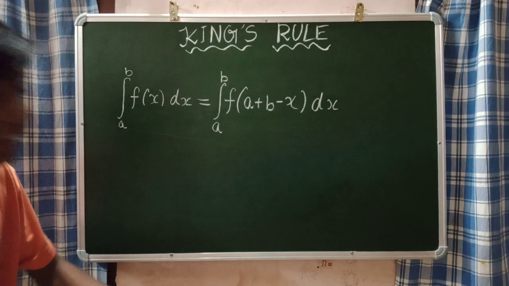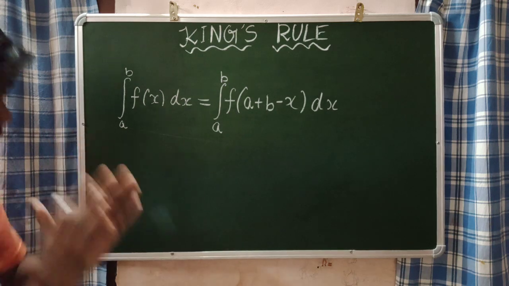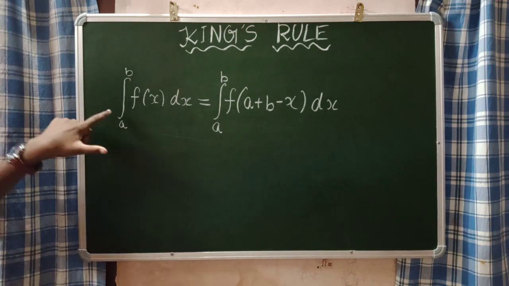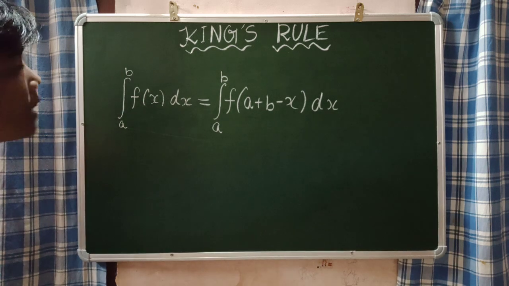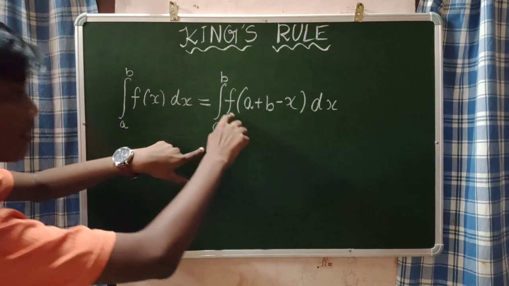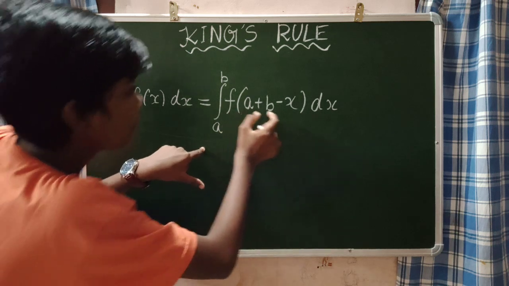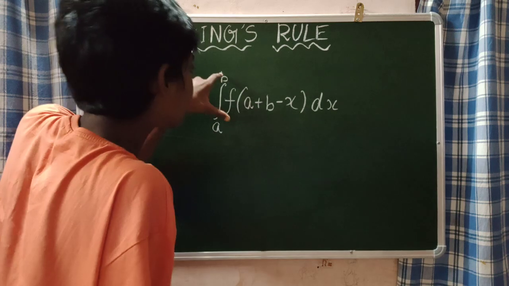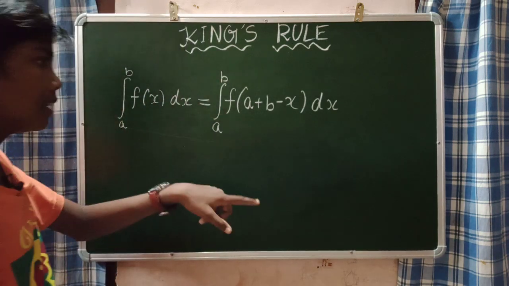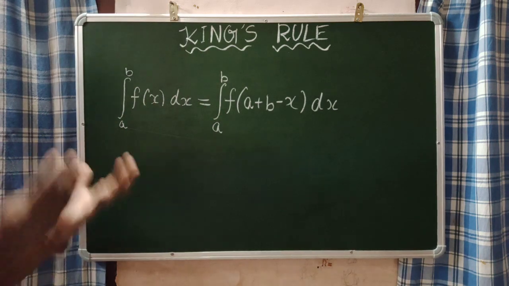This is what our King's Rule says. So integration of f of x dx from a to b can be written as integration of f of lower limit plus upper limit minus x dx, and the limits are the same, which is a to b.